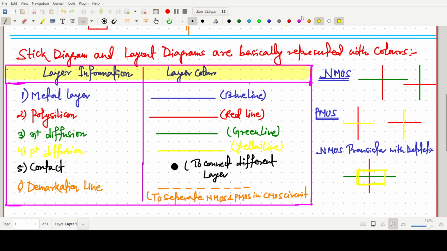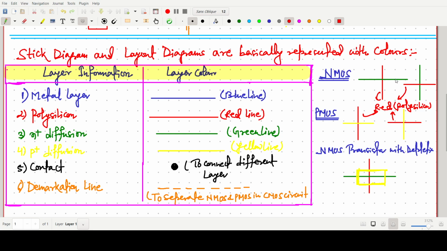So I have already discussed for the NMOS, this red color is polysilicon. Okay, this red, this red, this red.